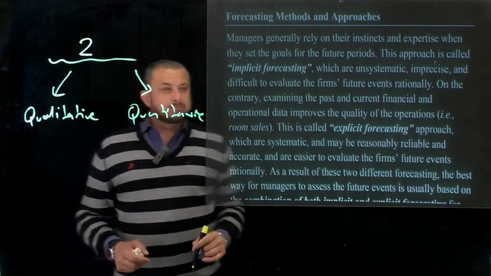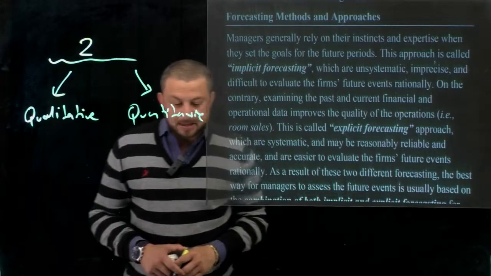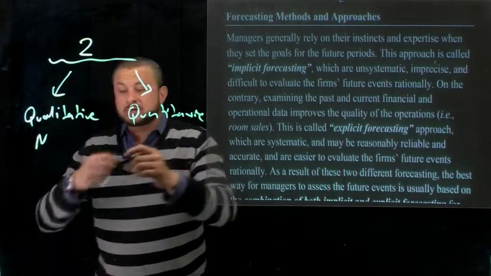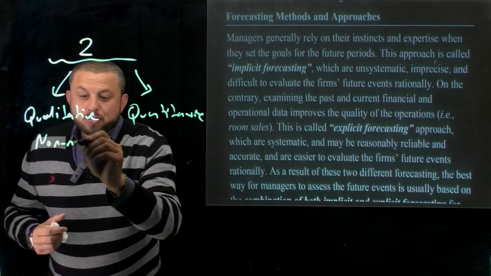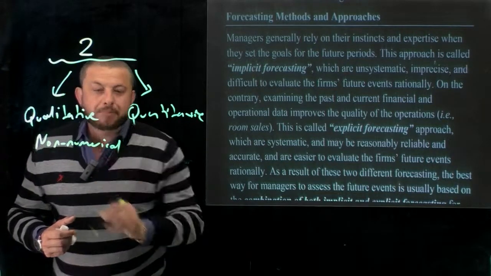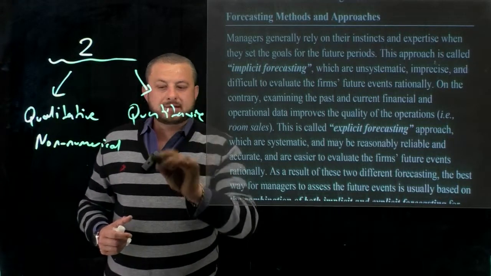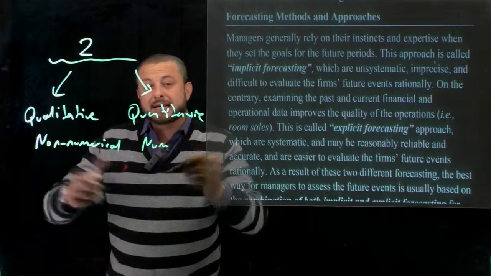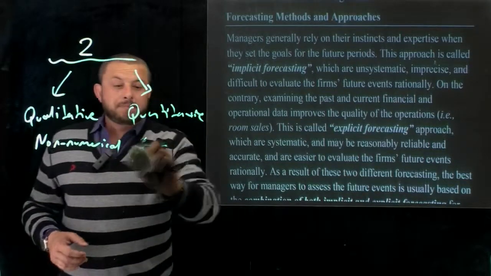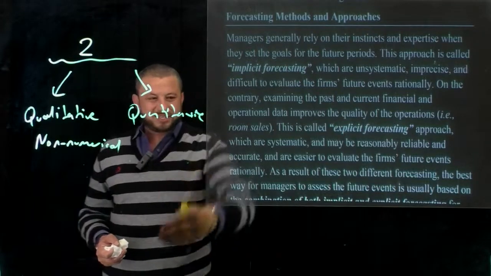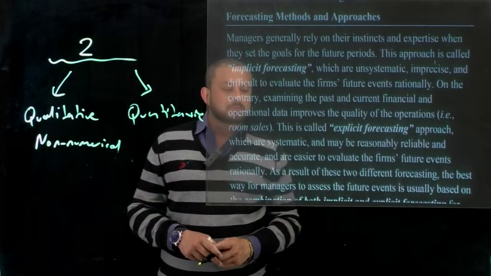So guys, qualitative approaches are non-numerical approaches in forecasting. And on the other hand, quantitative forecasting is numerical, or forecasting based on the numbers. So it deals with equations, formulas, and procedures, okay?